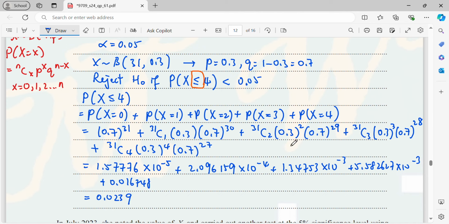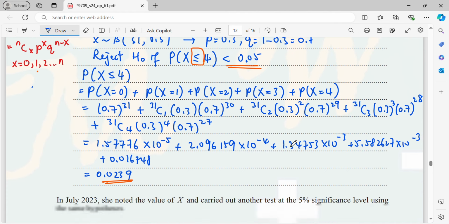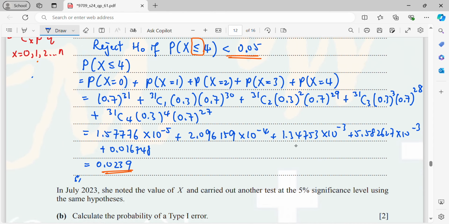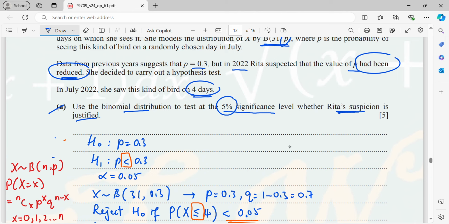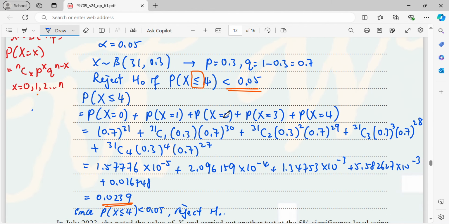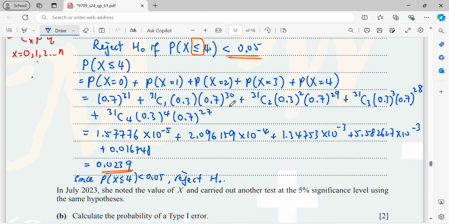So now, make the conclusion based on the rejection criteria. When less than 0.05, you reject H naught. So obviously this value is less than 0.05. So now our decision. Okay, so here you write, since P(X less than or equal to 4) is less than 0.05, therefore reject H naught. This is the decision. What is the conclusion? Your conclusion will be based on whether Rita's suspicion is justified. So it means we have rejected H naught. That means there is sufficient evidence.